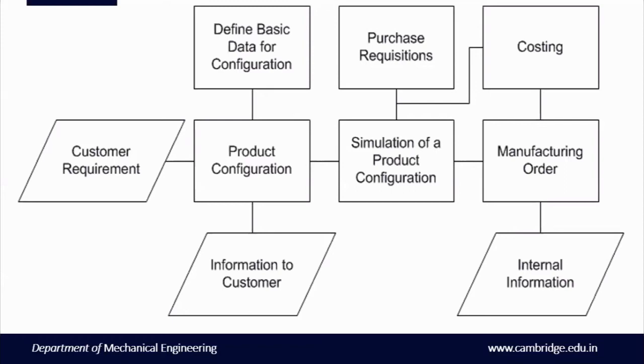Here you can see the block diagram of customer requirement: definition of basic data of configuration, product configuration, information to the customers, purchase requisitions, simulation of product configuration, costing, manufacturing order, internal information. Whenever the customer comes into the company, he gives a certain set of ideas: this is my requirement, this is my order, this is my quality, and this is my finance.